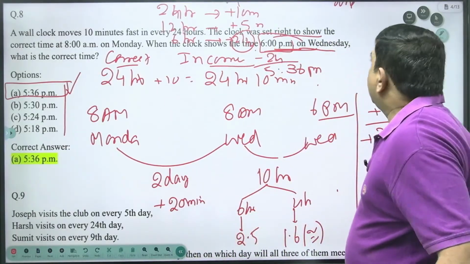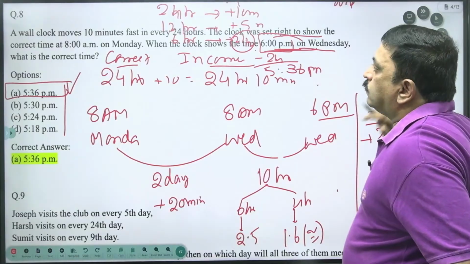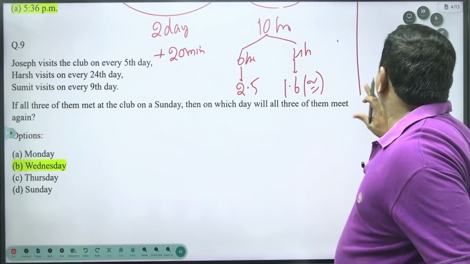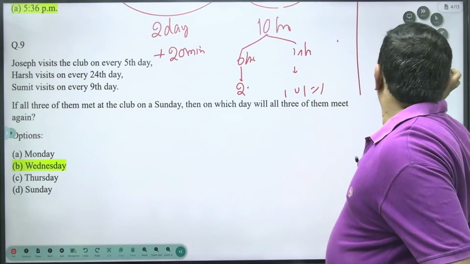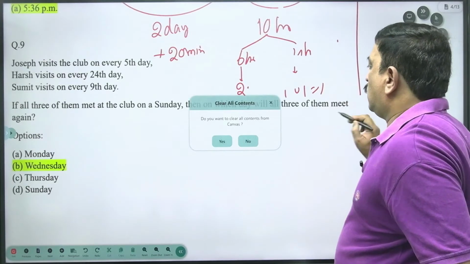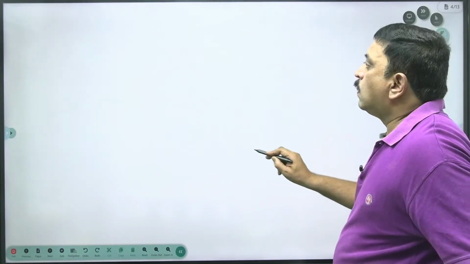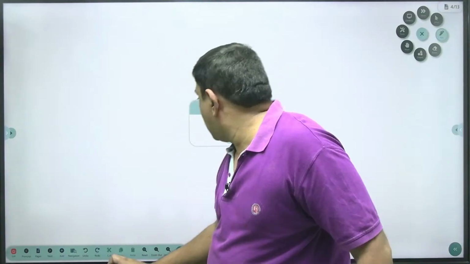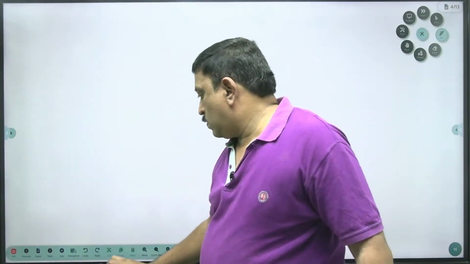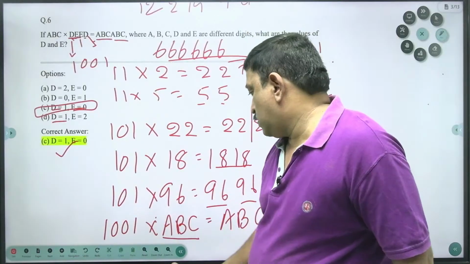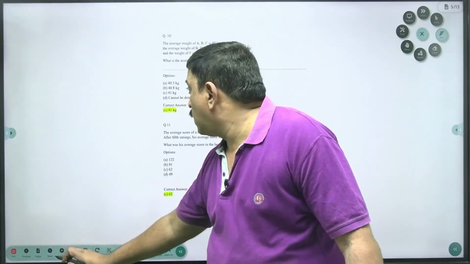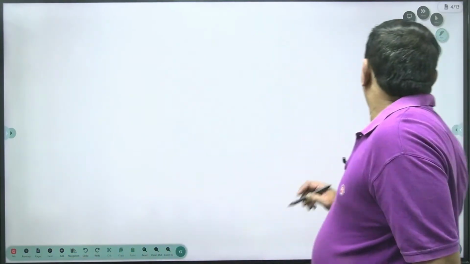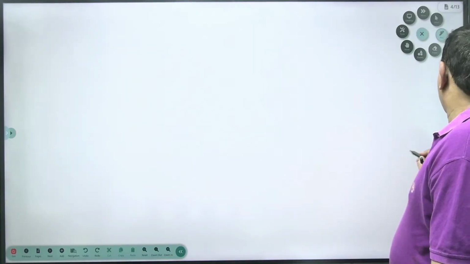Now, next one. Coming to the 9th one. Oh, undo. Is it undo? Is it? Oh, previous. What is the 9th one?